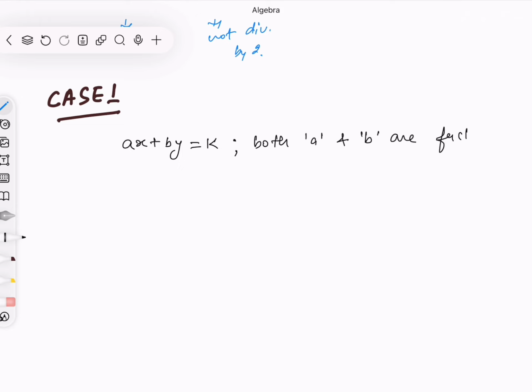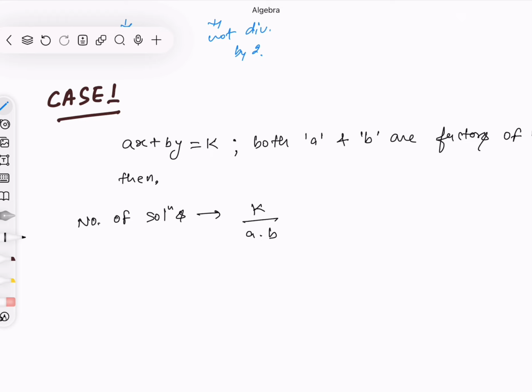If that is the case, then for the number of solutions, you find this value k upon a multiplied by b.